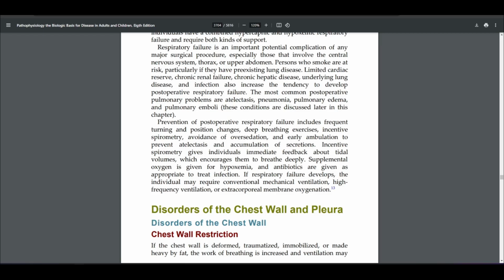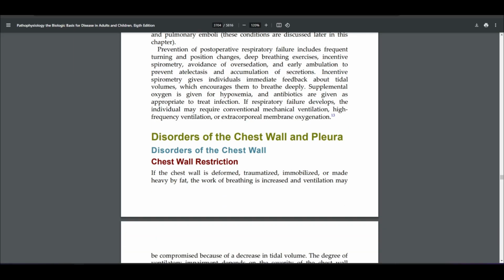The most common postoperative pulmonary problems are atelectasis, pneumonia, pulmonary edema, and pulmonary emboli. Prevention of postoperative respiratory failure includes frequent turning and position changes, deep breathing exercises, incentive spirometry, avoidance of oversedation, and early ambulation to prevent atelectasis and accumulation of secretions.